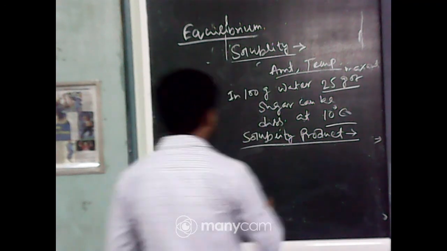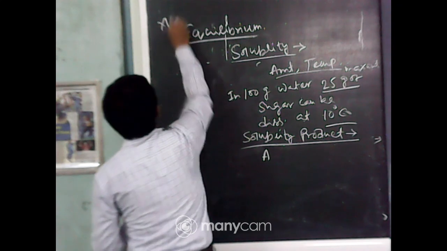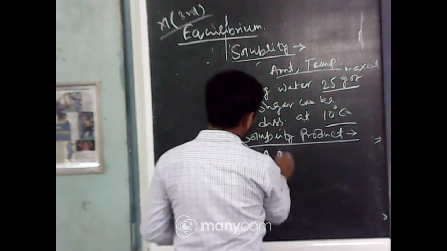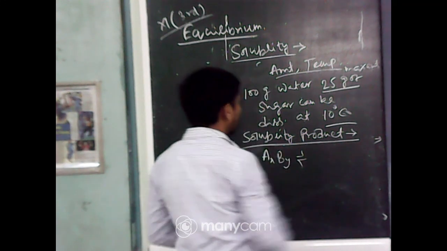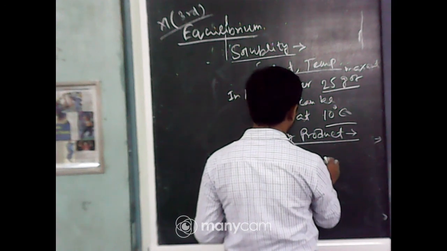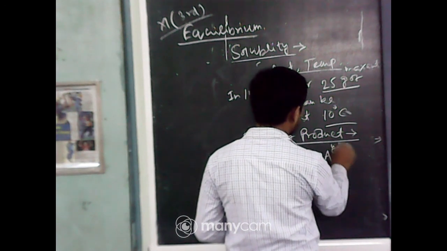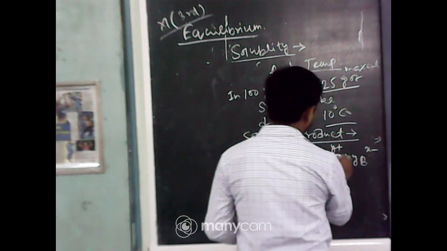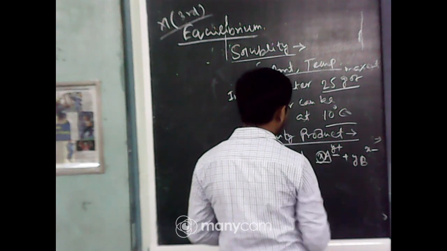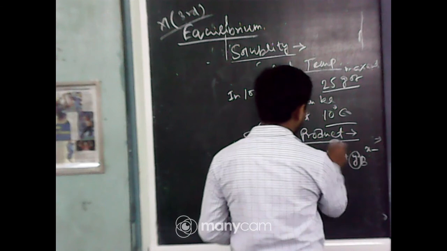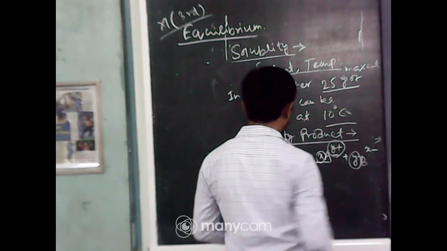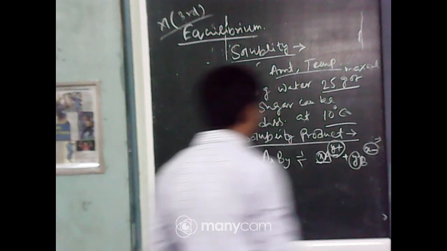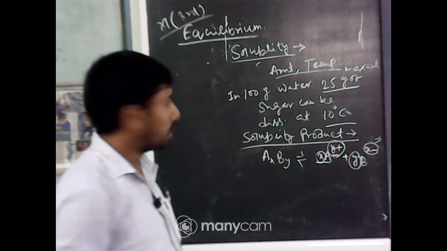For example, if we take AxBy, the dissociation equation is AxBy gives x A^(y+) plus y B^(x-). Here x is the number of A, y is the number of B, y is the valency of A and x is the valency of B. So, it is the general equation.